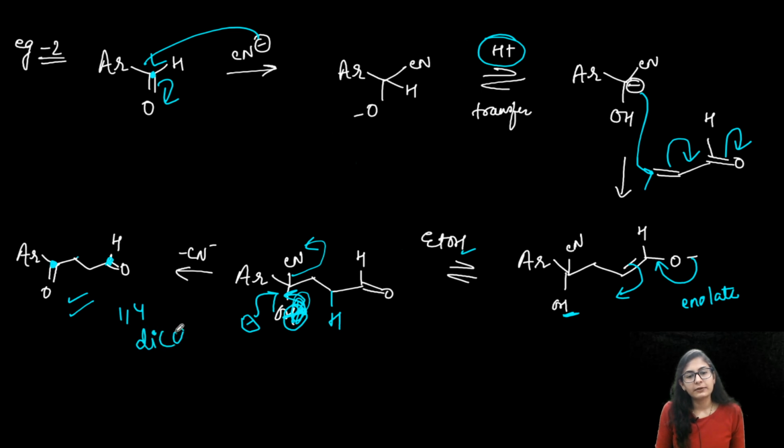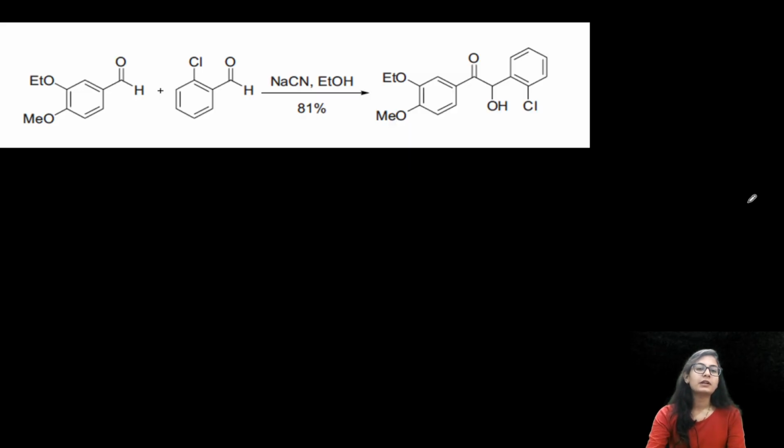All right, so this mechanism is very similar to the benzoin reaction, so we can say benzoin like condensation. The only difference is we have the alpha beta unsaturated, either it could be a ketone or it could be an aldehyde also.